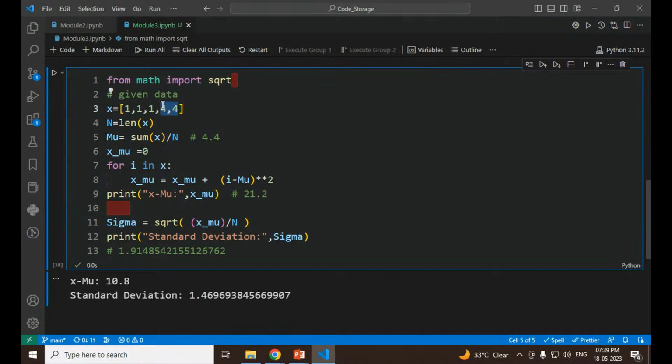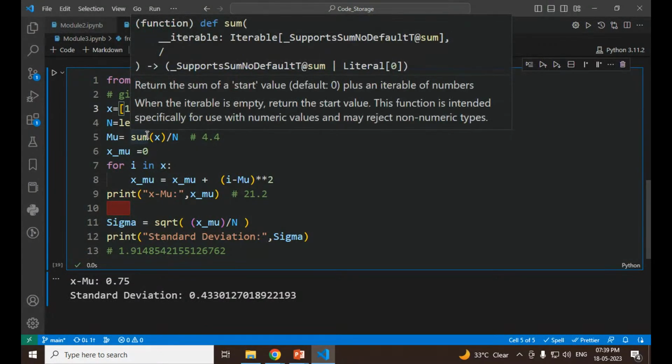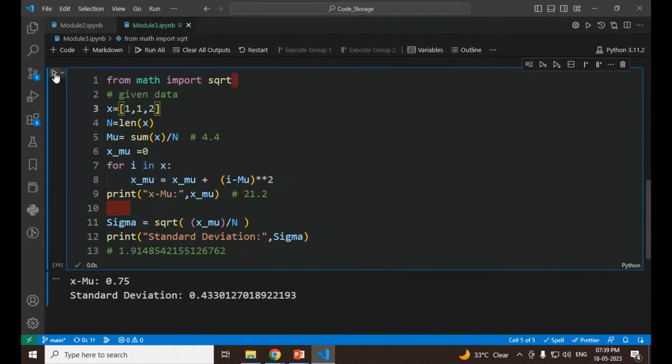I am reducing the number of values. I am making it 2. Now it is 0.4. I am going to reduce one more value. The number of values is less. I am only having two numbers. That's 0.5.